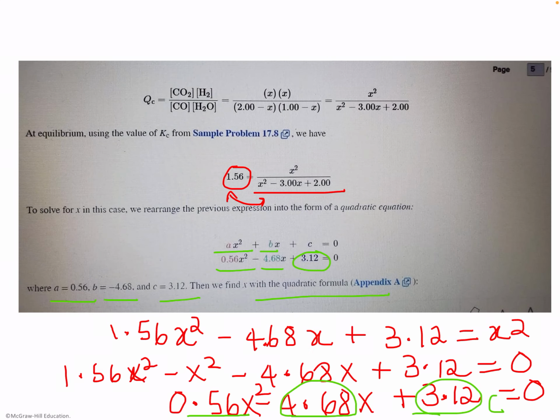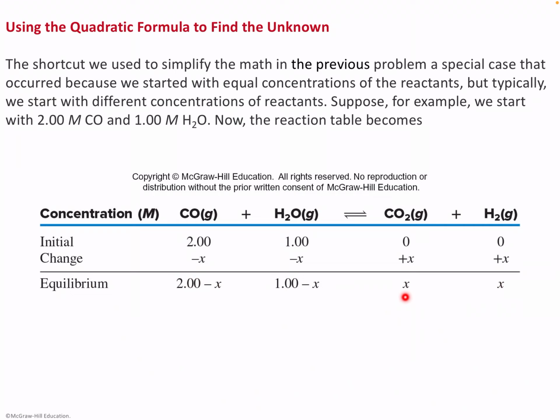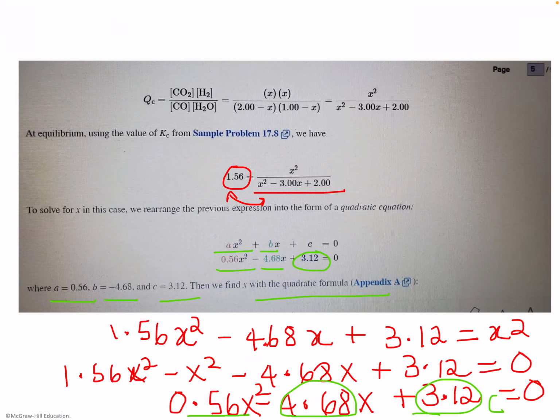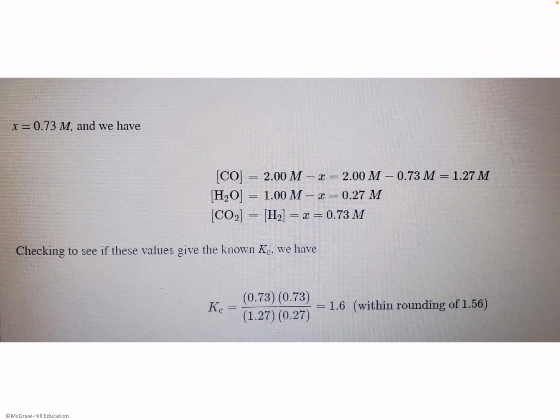So now we found the x, meaning this x we found as 0.73. Now we can calculate the equilibrium concentrations. The carbon monoxide is going to be 2 minus x, 2 minus 0.73, 1.27. Water is not the same amount, because water's initial concentration was 1.